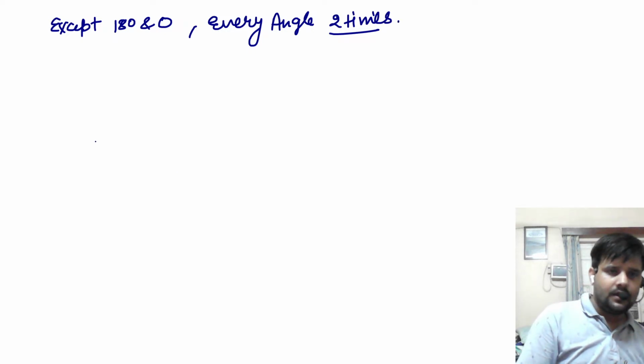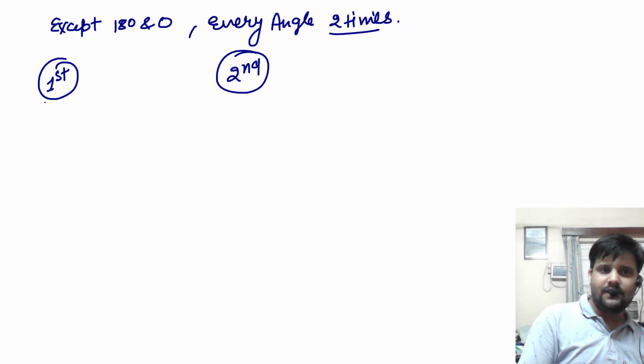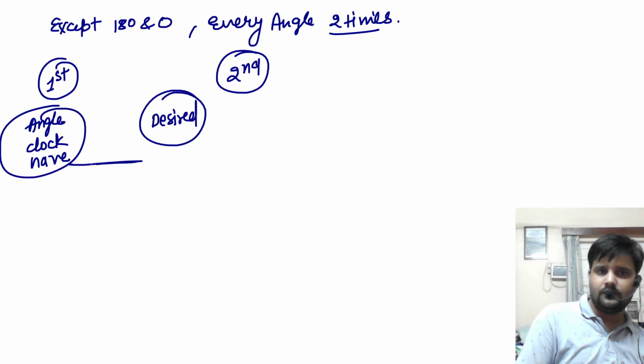Don't worry. Now, just remember the method. For calculating the first angle and the second angle, we were making the position of the needles and taking the angle the clock has and the desired angle, and the distance between these two.